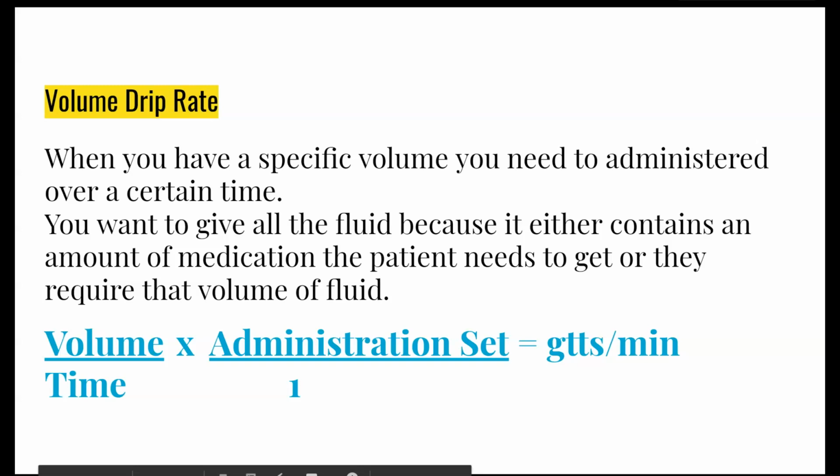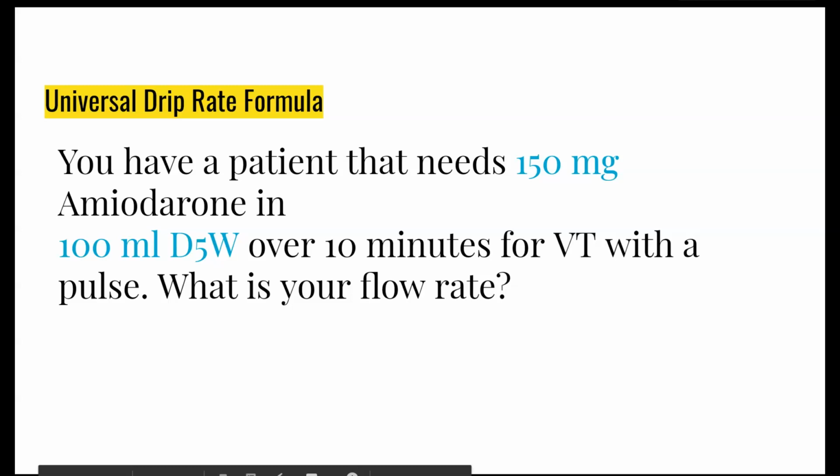This is when you're giving somebody magnesium, or 150 milligrams of amiodarone for VTAC with a pulse. You're setting it up in a pre-mixed solution, but you're going to end up giving them the whole bag. But you don't want to give it too fast where you tank their blood pressure, so you give it over a certain amount of time, and that time is going to be in minutes.